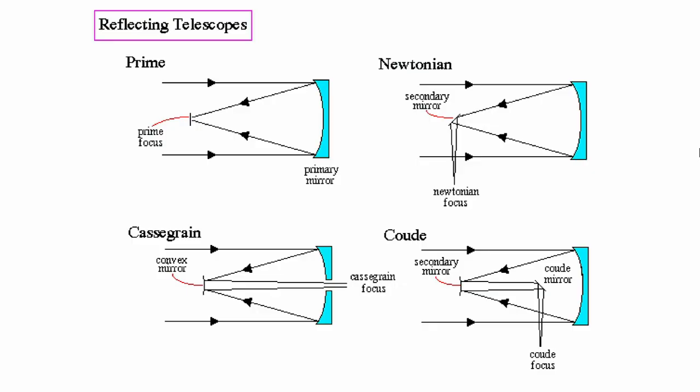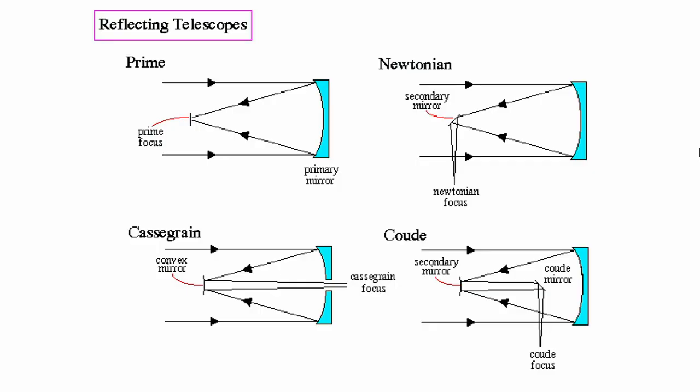So this prime focus reflecting telescope, the light's coming in from the left, hits the primary mirror, and then it's focused at some point in the middle here. So this works if you have a detector that you want to put here. But you could imagine if you're a person and you try to put an eyepiece where this prime focus is, you would be blocking most of the light coming into the telescope. So this design doesn't really work for people viewing.